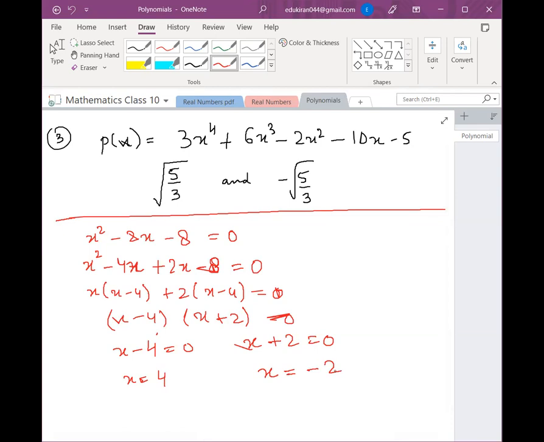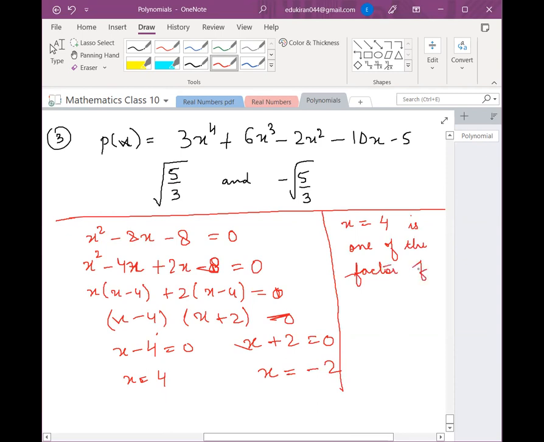If I do the inverse of this, for example, I'm giving a question like this: x is equal to 4 is one of the zeros of x square minus 2x minus 8.